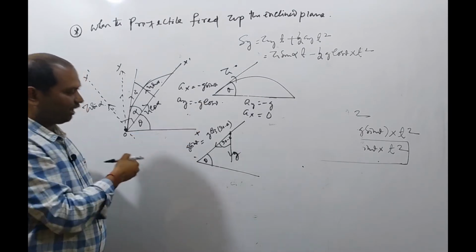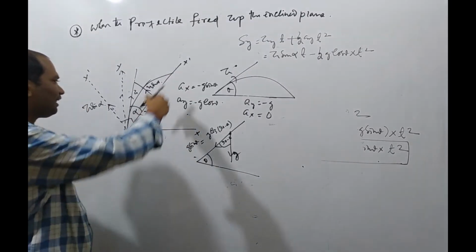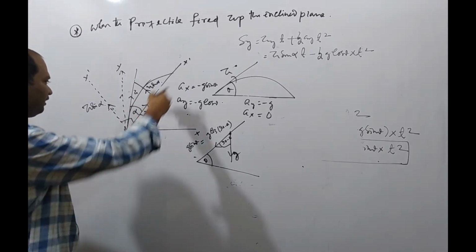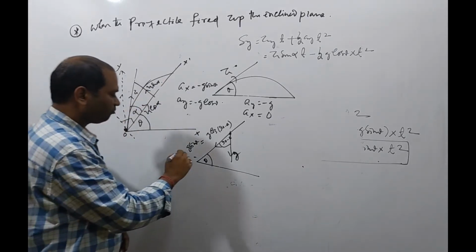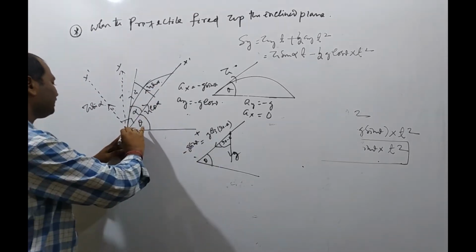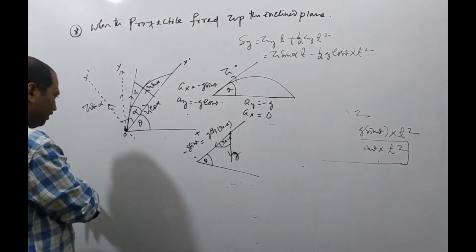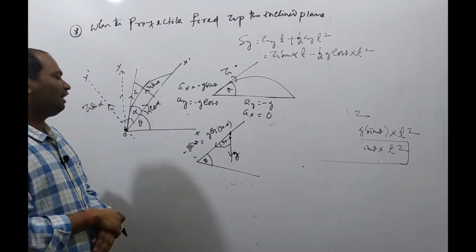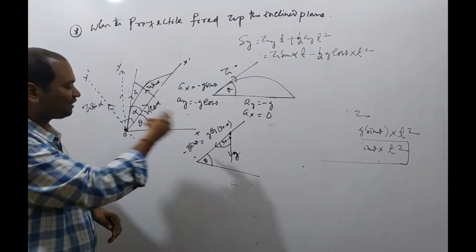On the inclined plane, the acceleration acting in this direction, the negative Ox direction, is minus g sin theta. If upward is taken to be positive, downward is negative, that is minus g sin theta. That is the acceleration in x axis. X axis means x dash axis.